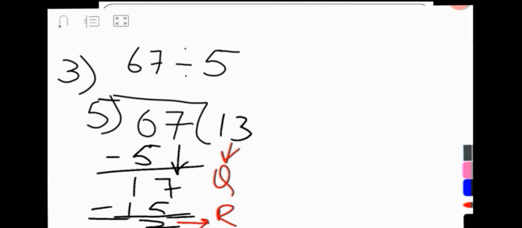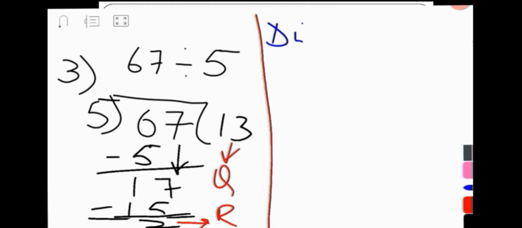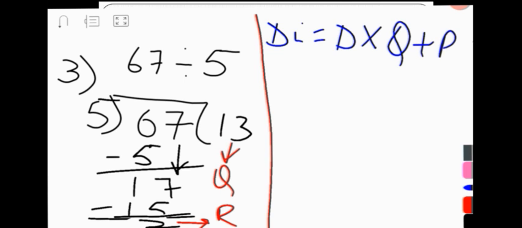Now we will see how we can cross check our answer. So again we will be using the same formula, that is dividend is equal to divisor multiplied by quotient plus remainder. So here our dividend is 67.